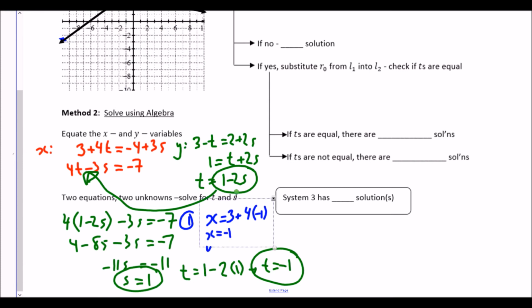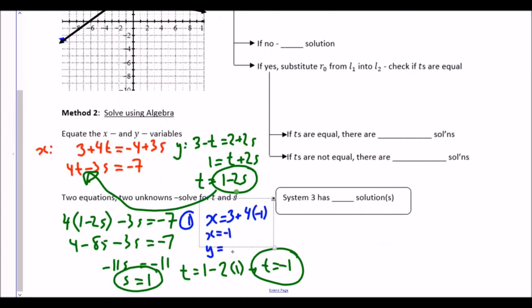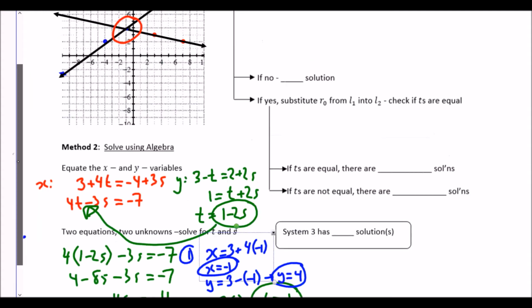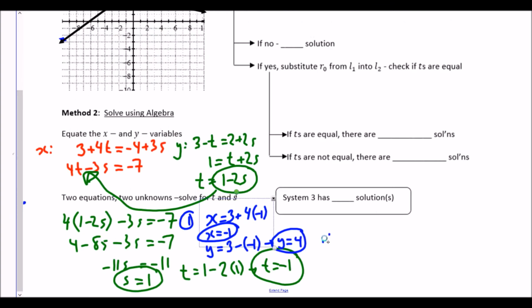And then y is equal to, back up here, 3 minus t, so 3 minus negative 1, so that means y is equal to 4. So I got my x, and I got my y, which is confirmed up here. My point of intersection is negative 1, 4. Beautiful. I'll write over here, therefore, the POI is negative 1, 4.